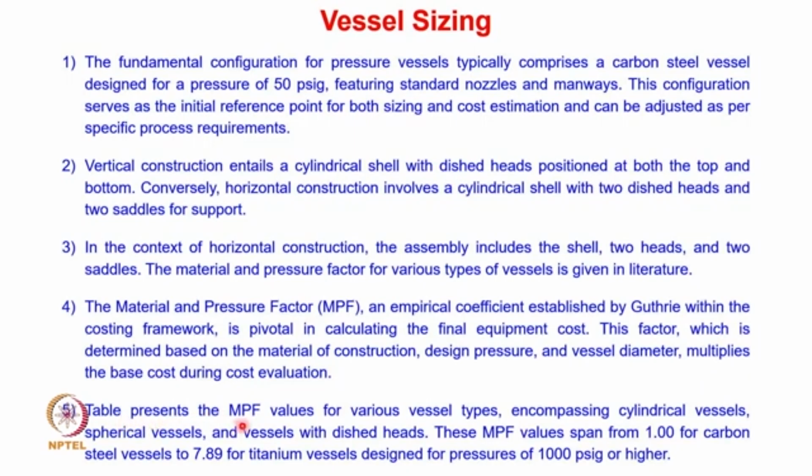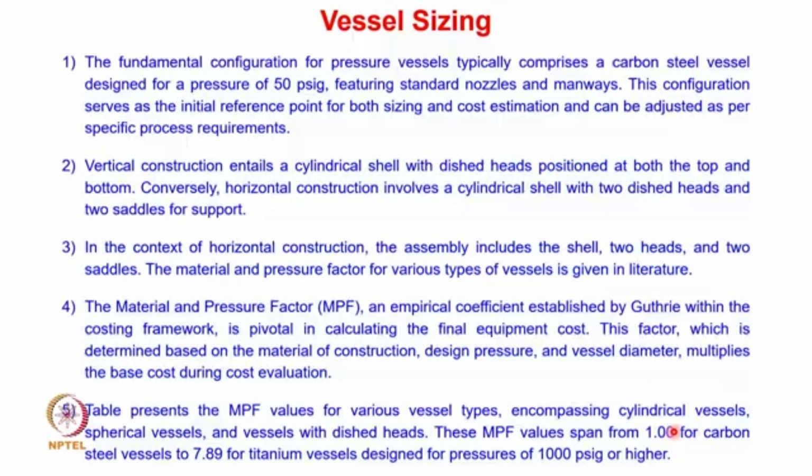Again, the table presents the material and pressure factor values for various vessel types encompassing cylindrical vessels, spherical vessels and vessels with dished heads. These material and pressure factor values span from 1 for a carbon steel vessel to 7.89 for a titanium vessel designed for pressures of 1000 psig or higher.